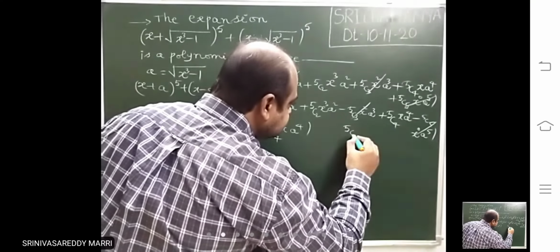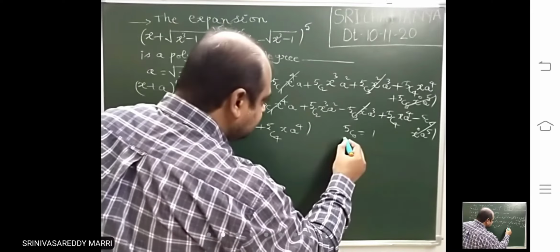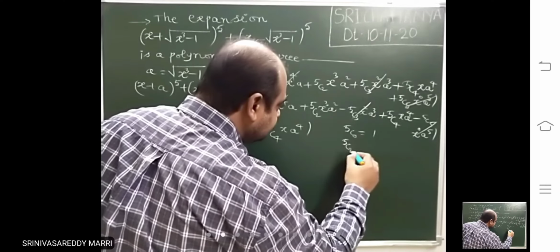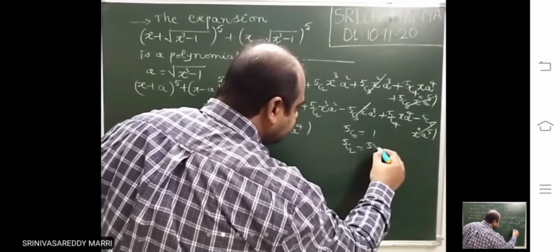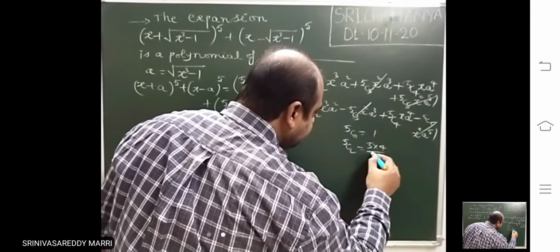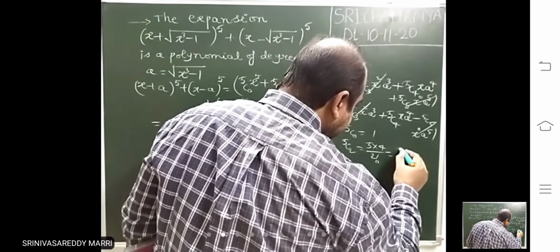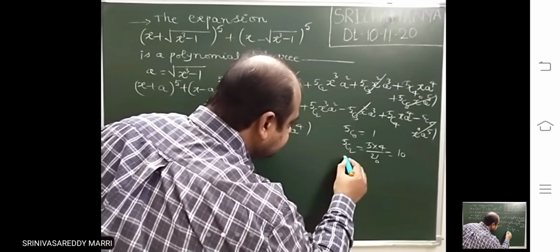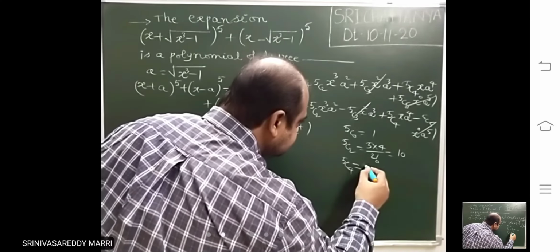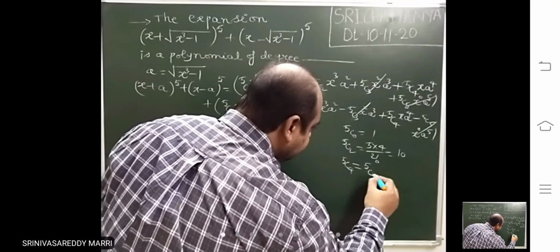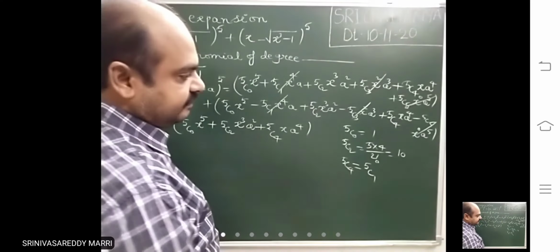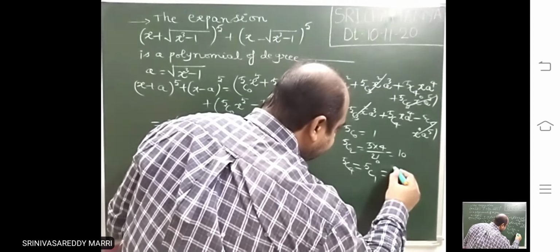So 5c0 is 1, right? 5c2 is 5 into 4 divided by 2 factorial, that means 20 divided by 2, 10. Similarly, 5c4 is nothing but 5c(5 minus 4), which is 5c1, that is 5.